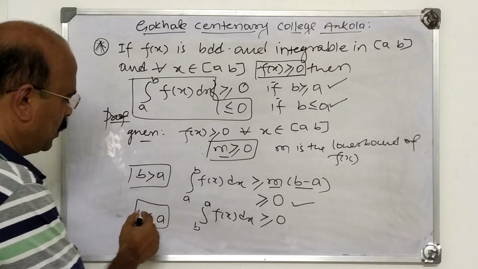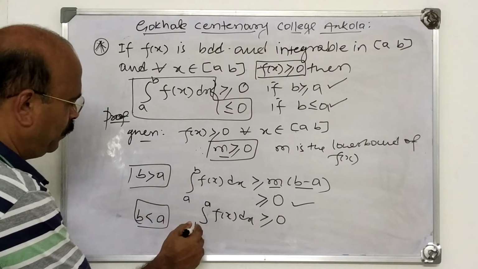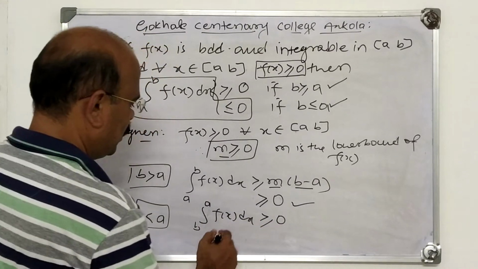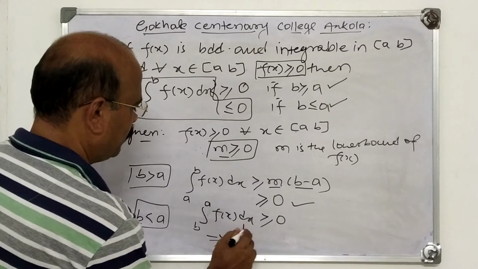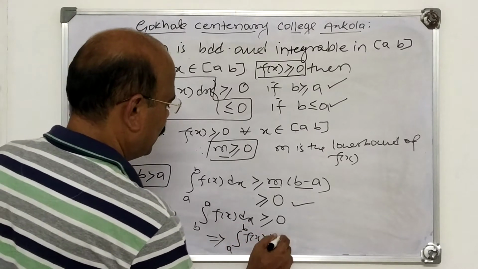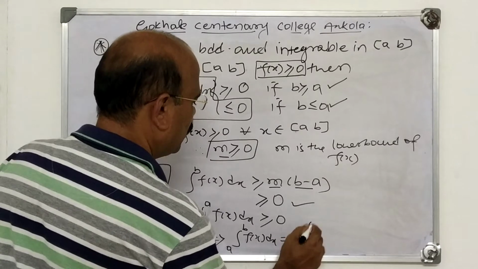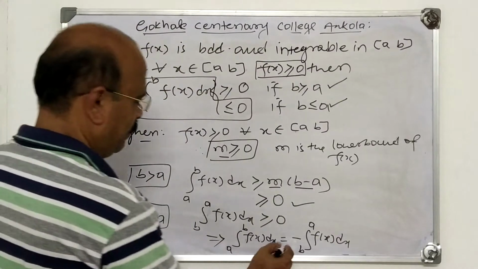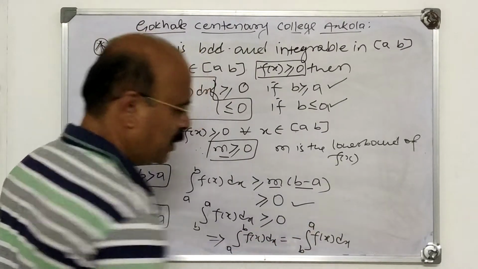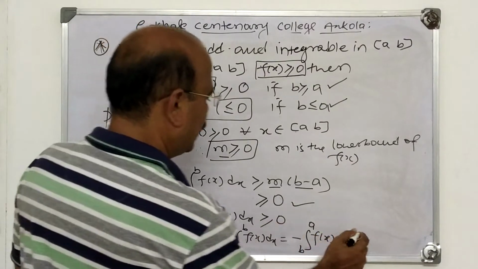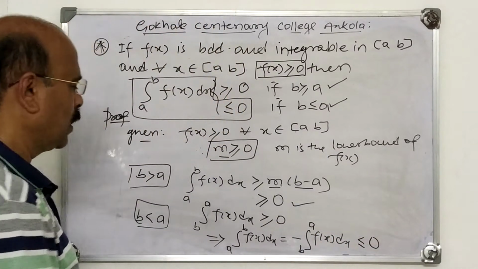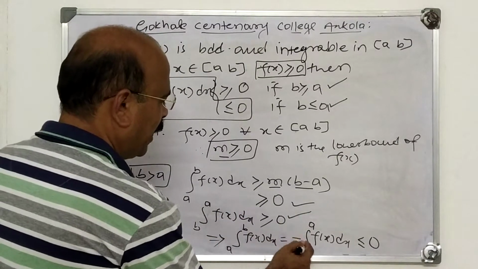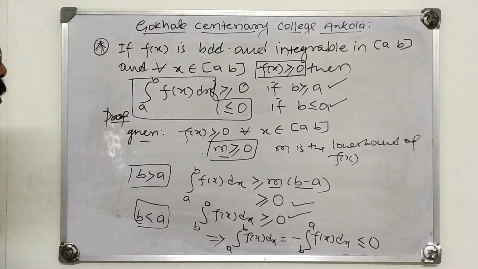For that, suppose b less than a. As proved here, the integral from b to a of f(x) dx is greater than or equal to 0. This implies, what is the integral from a to b of f(x) dx? Again, by the definition, when b is less than a, the integral from a to b of f(x) dx is minus the integral from b to a of f(x) dx, and it is less than or equal to 0, because the integral from b to a is greater than or equal to 0, so minus that is less than or equal to 0.